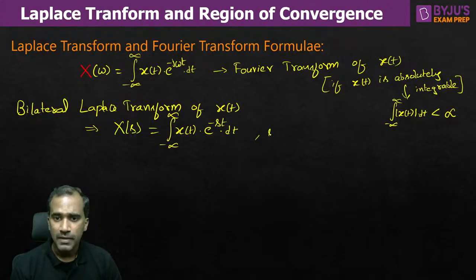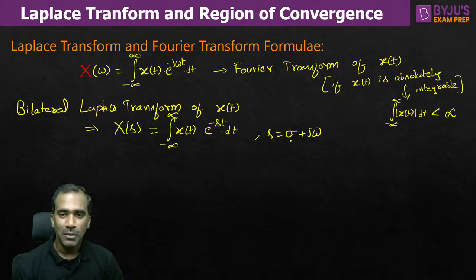But what is the value of s? s is not just j omega, it is sigma plus j omega. So there is some real part also. But if you put sigma equal to 0, then the Laplace transform becomes the Fourier transform. We'll talk more about this, and about the conditions under which we can substitute sigma equal to 0.